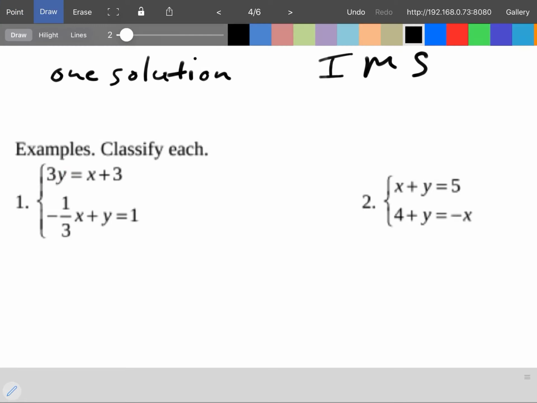So here's my 1x right here. All I have to do to solve for x is subtract 3 on both sides. So then my top equation becomes x is equal to 3y minus 3.